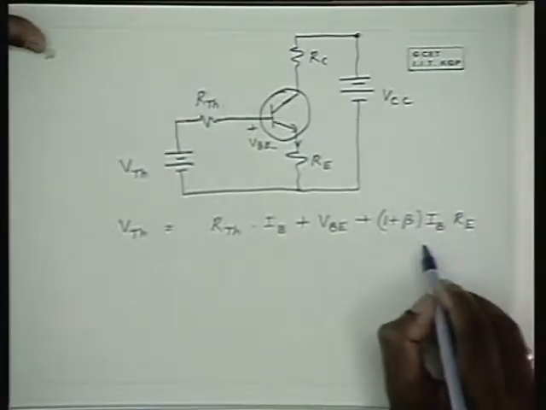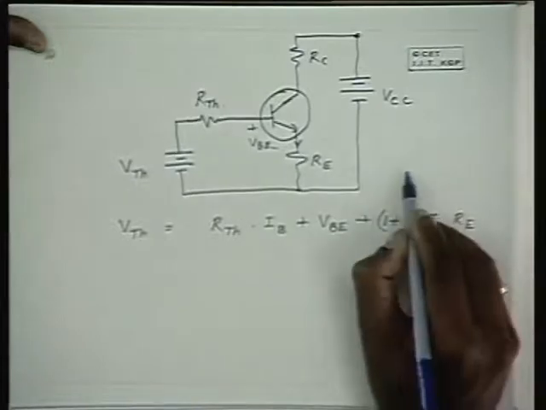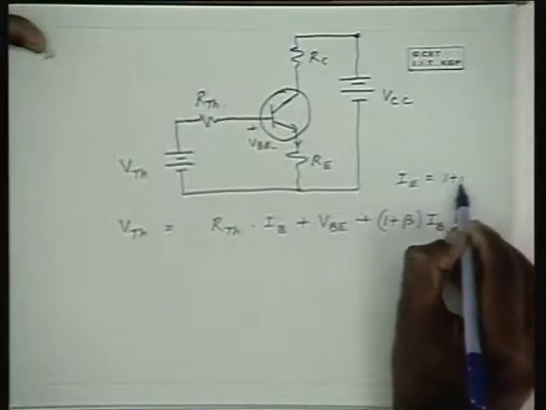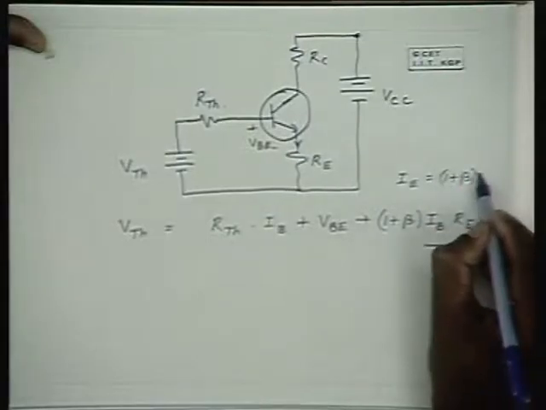This is one equation. Here I have substituted IE as 1 plus beta into IB.